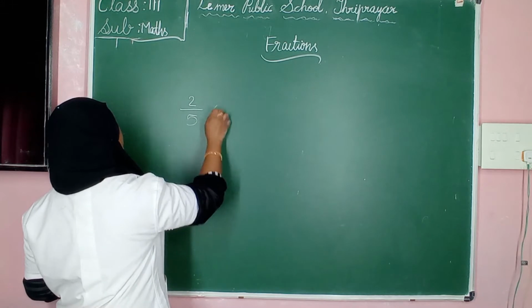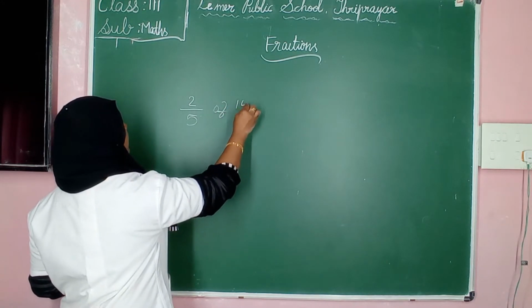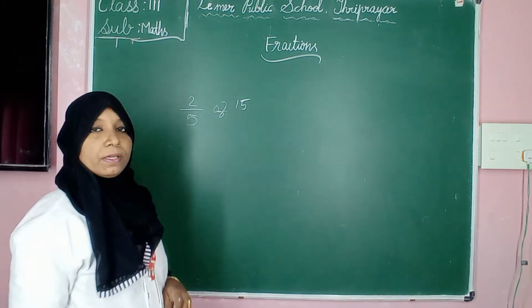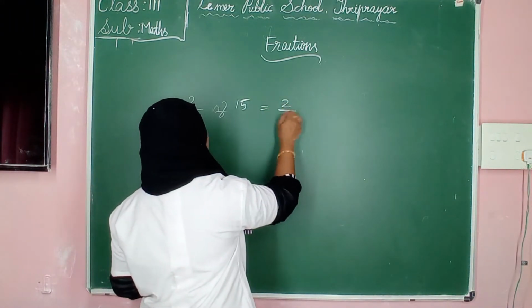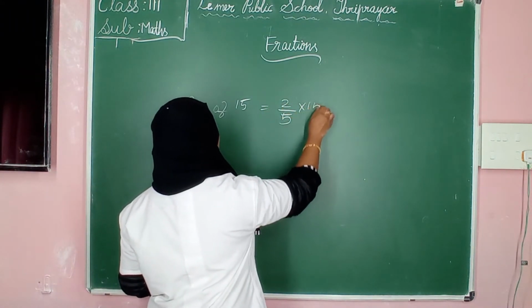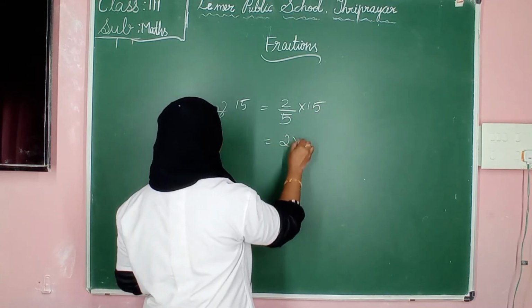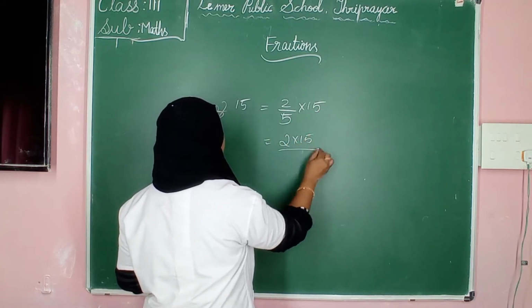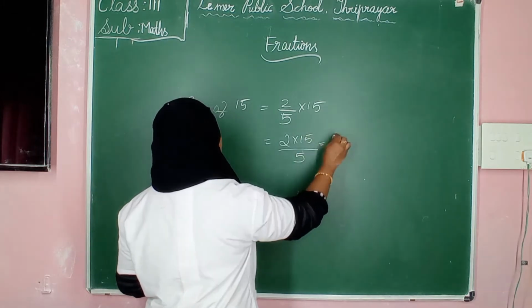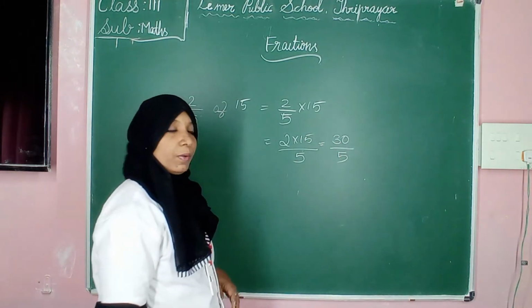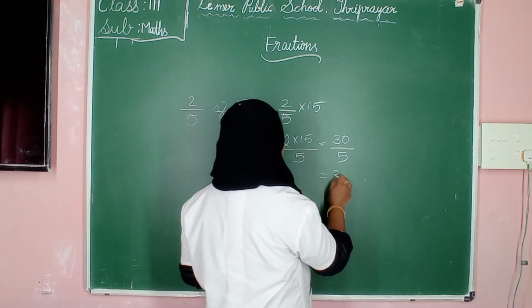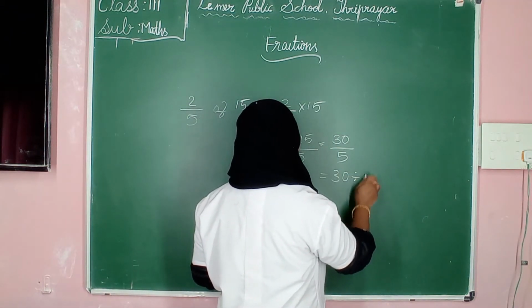Another example. 2 by 5 of 15. That equals 2 by 5 into 15, that's 2 into 15 by 5. 2 into 15 is 30, 30 by 5. Write the division fact: 30 divided by 5.